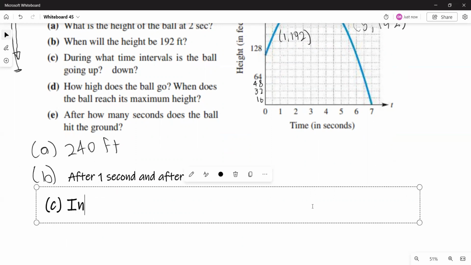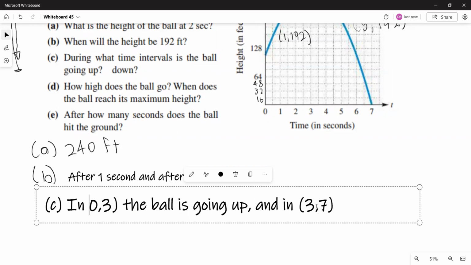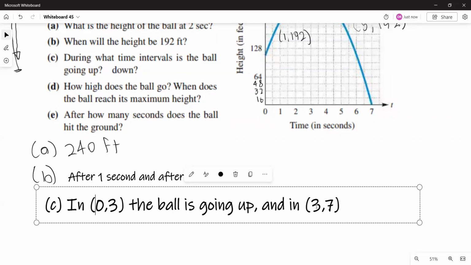In the interval (0, 3), the ball is going up. That is, the function representing the height along time is increasing. And in (3, 7), the ball is going down. They are going to ask you for open intervals, so let's keep it open.